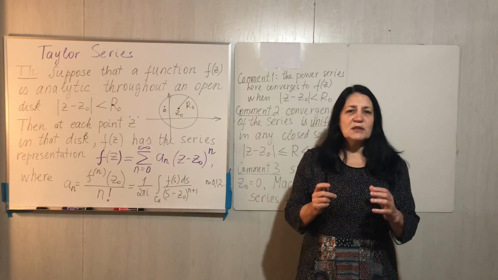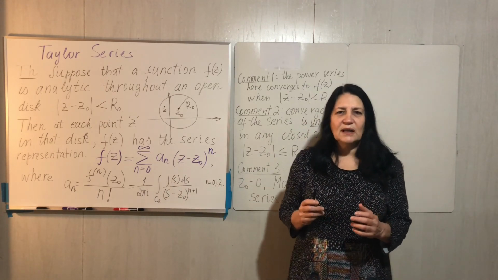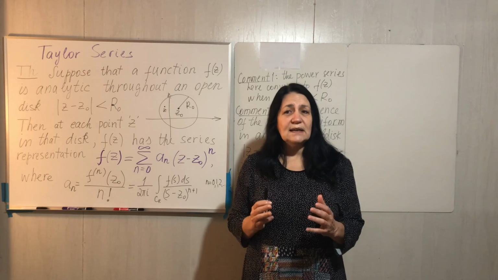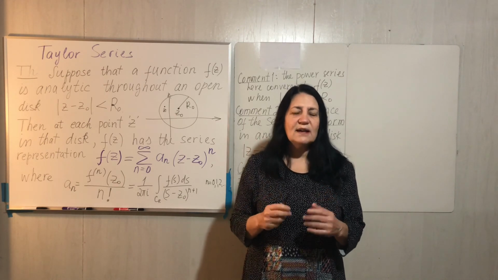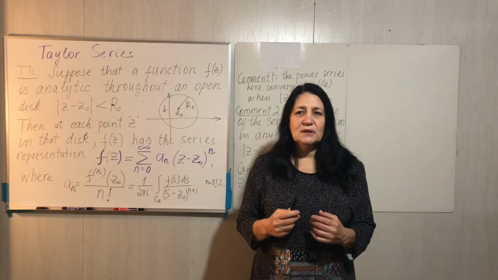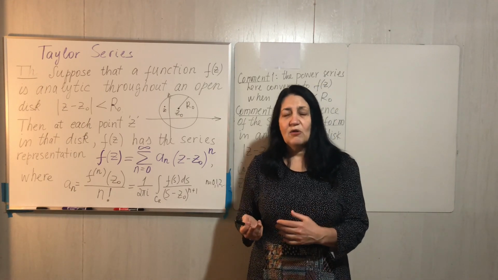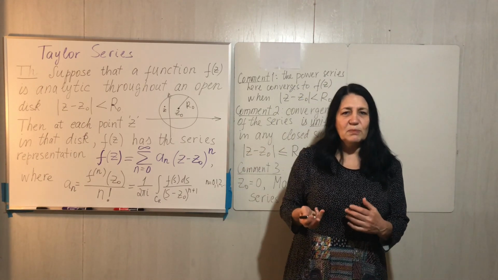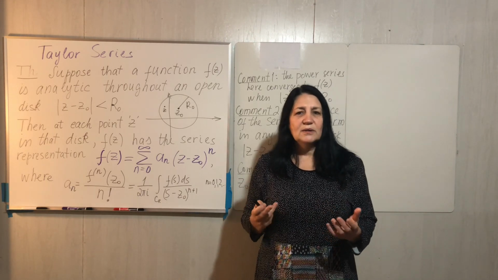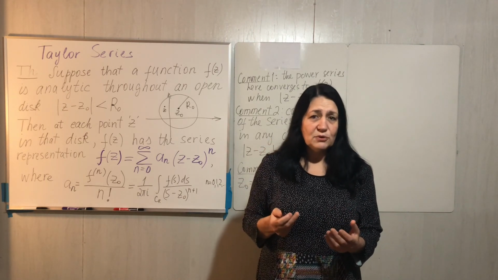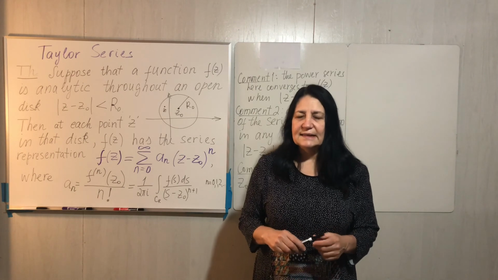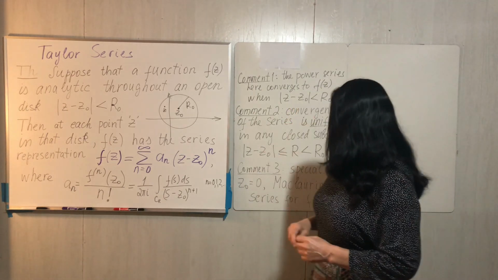So if it is possible to find such an n for all z, the same for all z, then our sequence would be convergent uniformly, and therefore if our sequence of partial sums converges uniformly, the series is called uniformly convergent. We'll look at an example in a second.